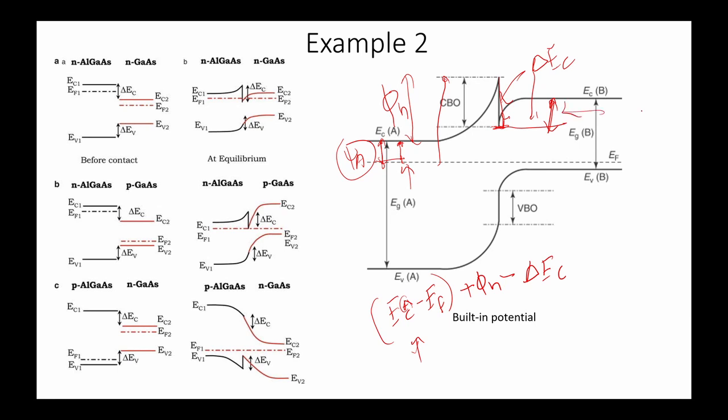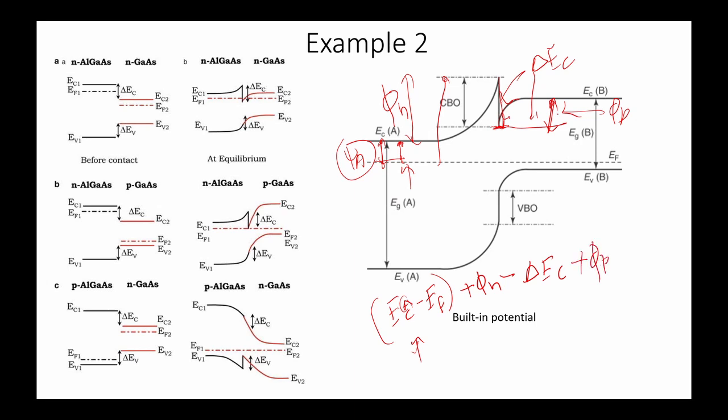This is phi p, the band bending at the interface to the bulk, the difference between the extent of band bending, we can say the extent of band bending on the p side is phi p. Okay, we are going up in the energy, so we are adding that phi p.